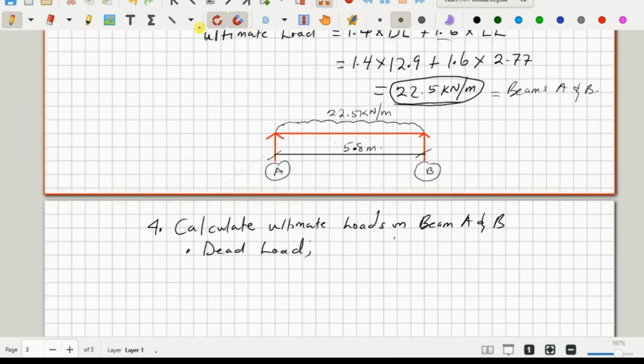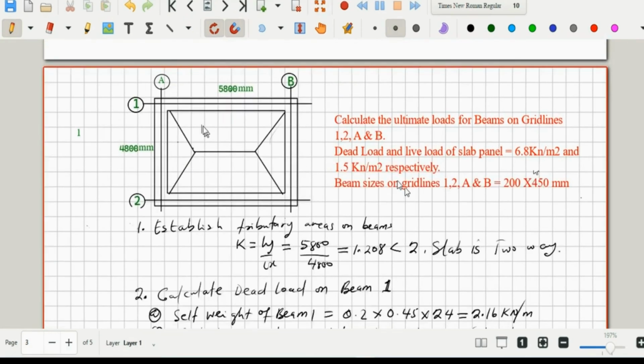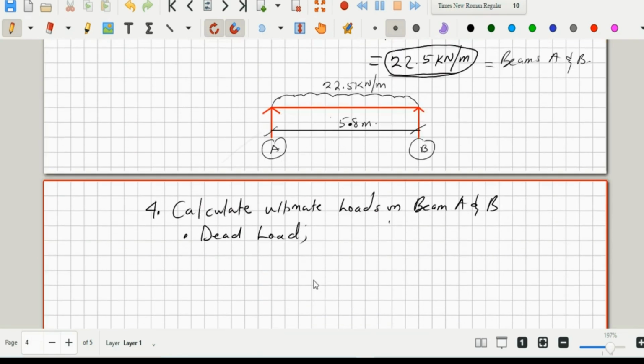Okay, so when we look at our sketch, our example, when we consider beams on grid lines A and B, they have triangular load distribution, right? So as we did previously, our dead load will constitute the self weight of beam A and the tributary load from the slab acting on the beam.